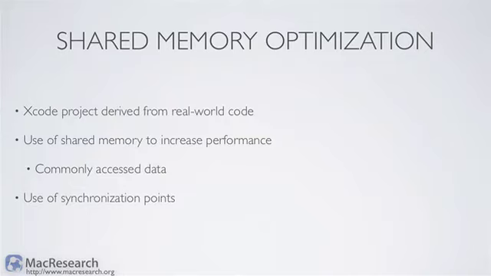In this podcast, you're going to be able to download an Xcode project that's derived from some real-world code. The code example comes from a program called APBS, which I work on in my day job, and it's used primarily to understand the electrostatic properties of biologically relevant molecules.